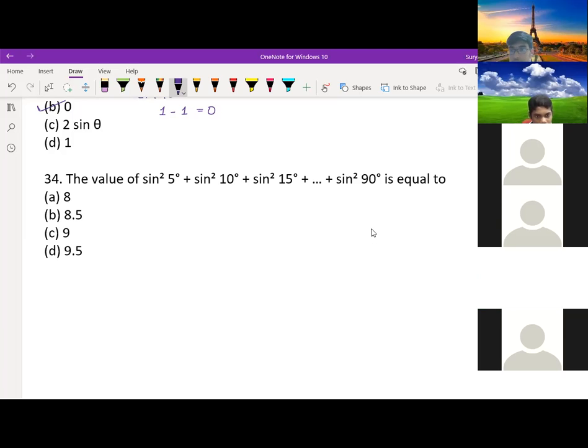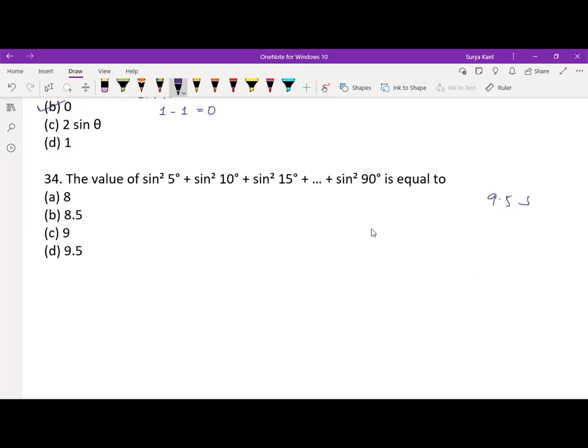Yes, sir. Okay, children who are not getting it, sine 90 value is 1. Last one is 1 only. Then sine square 5 and sine square 85 together become 1, I told you before also.